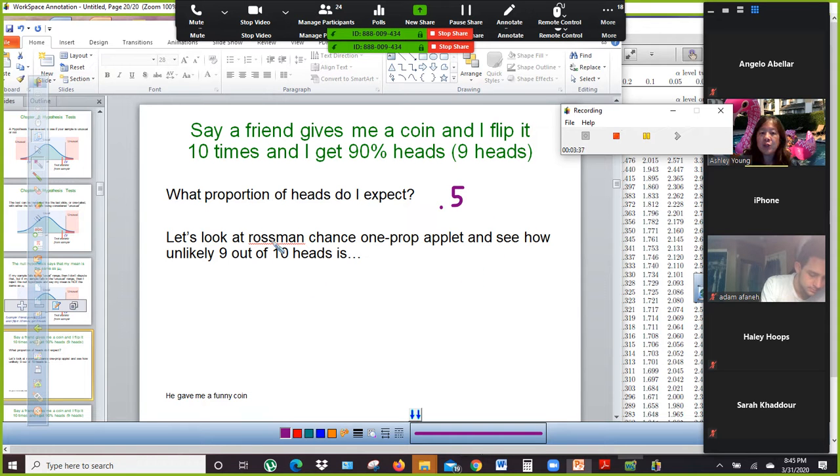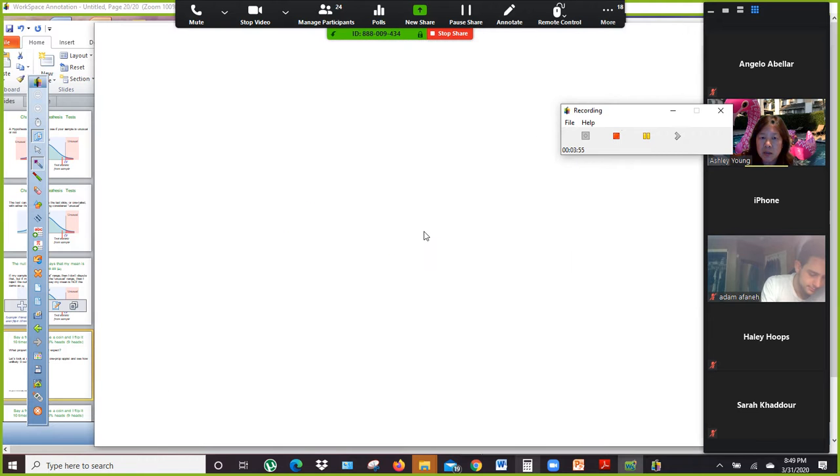So let's take a look at the Rossman Chance one-prop applet. Everybody Google it, if you can. Some of you won't be able to because you've got Zoom going already. But go ahead and Google Rossman Chance applet. I'm going to open up Chrome and do that. The one-prop applet helps too.